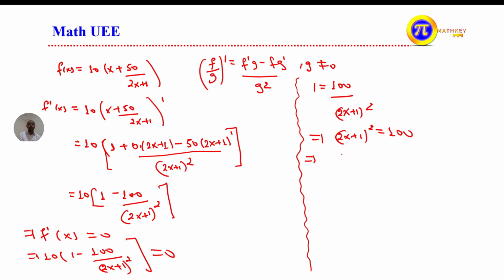To find the value of x, take the square root of both sides: 2x plus 1 is equal to the square root of 100, that is plus or minus 10.